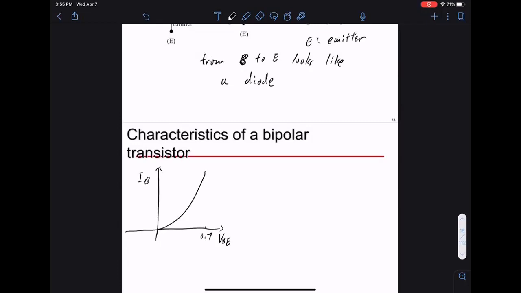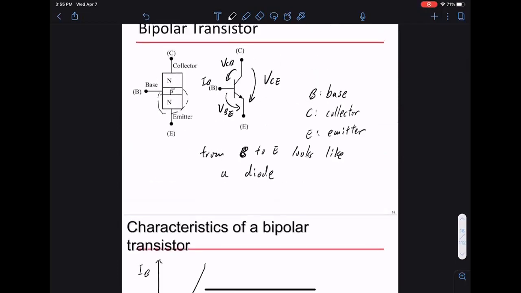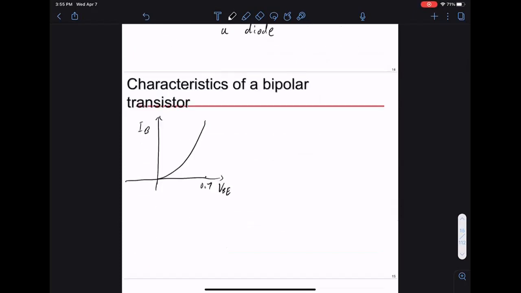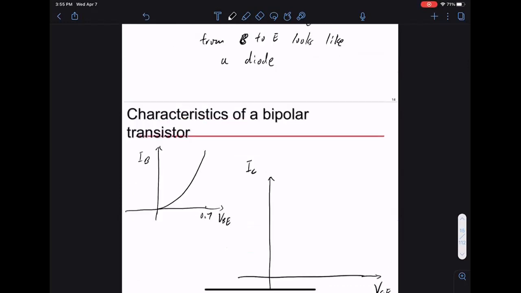Then if you look at the amount of voltage you get, VCE, how much voltage I get across the switch, and look at VCE versus IC, the way to think of this is that our bipolar is approximately a switch.